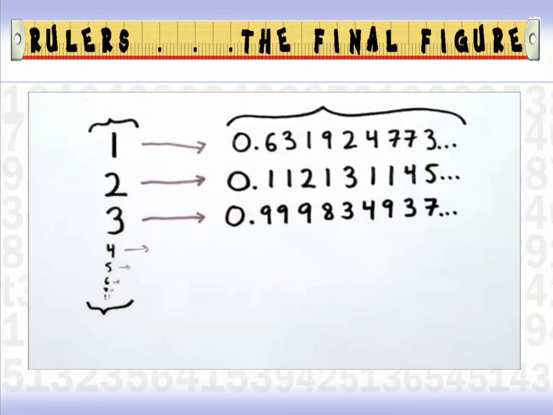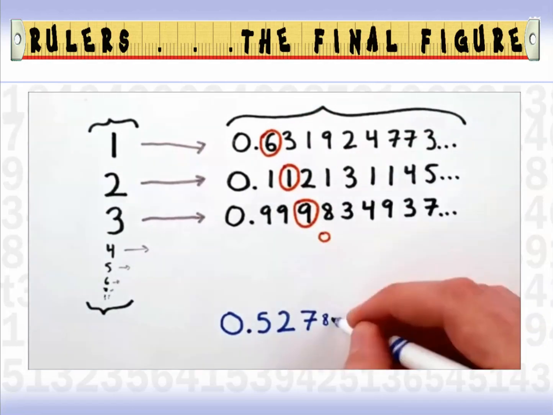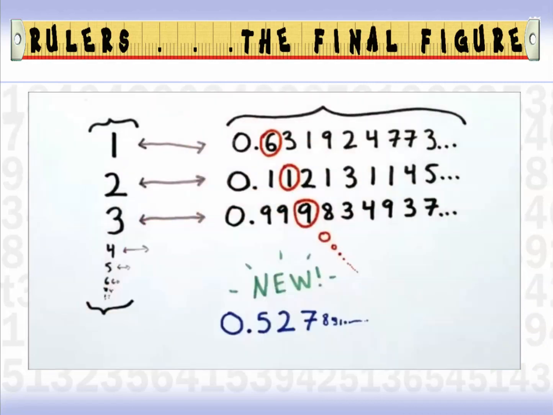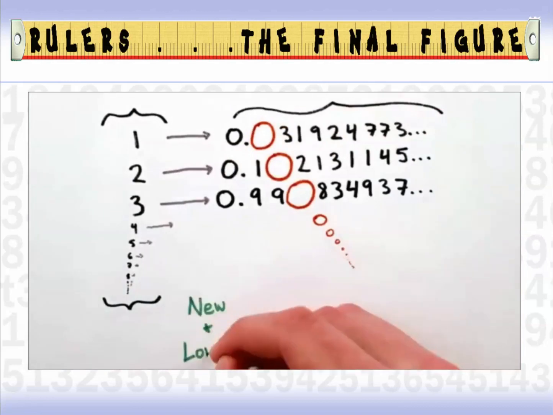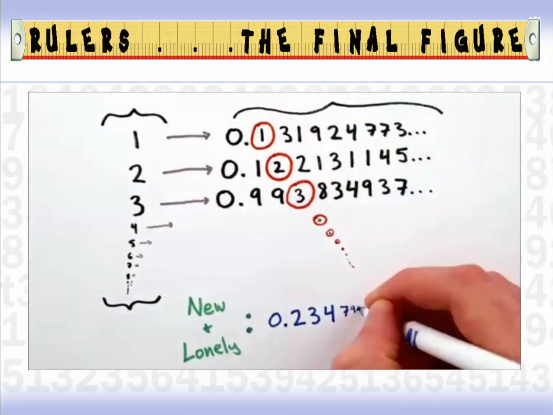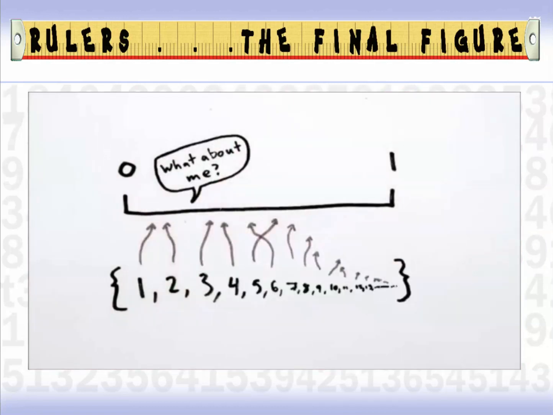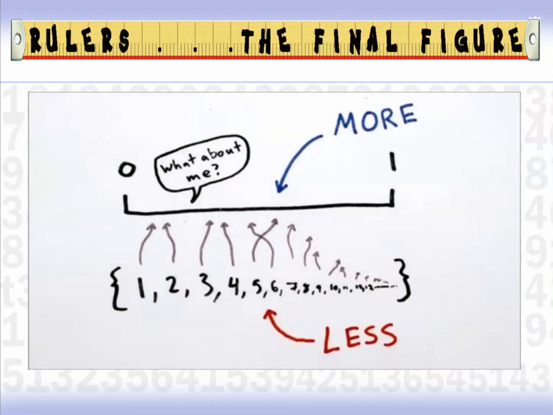And so on. But no matter what numbers between 0 and 1 we've drawn lines to, we can always write down a number between 0 and 1 that disagrees with the first digit here, the second digit here, and the third digit here, and so on. So this new number will be different from all of the other numbers we've drawn lines to. But we've already drawn a line from every integer, so there's no one left to be this number's partner. What's more, we can find an extra lonely number like this no matter what other numbers we picked, which means we can never draw lines from the integers to all of the numbers between 0 and 1. And this means that there really are more real numbers between 0 and 1 than there are in the already infinite set of counting numbers 1, 2, 3, 4, and so on.